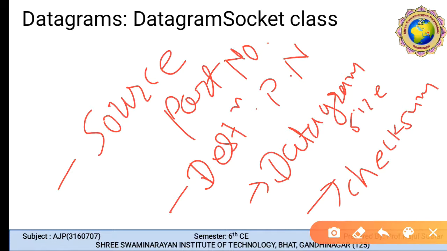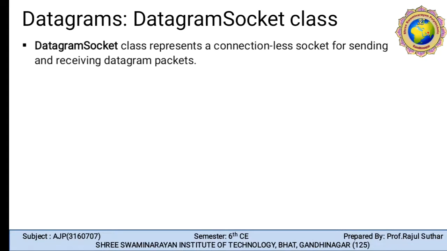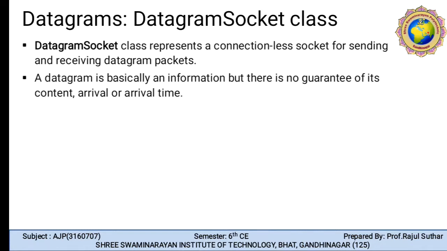Here in this discussion, first we will discuss the DatagramSocket class. The DatagramSocket class represents the connectionless socket for sending and receiving the datagram packet. A datagram is basically information, but there is no guarantee of its content arrival time.